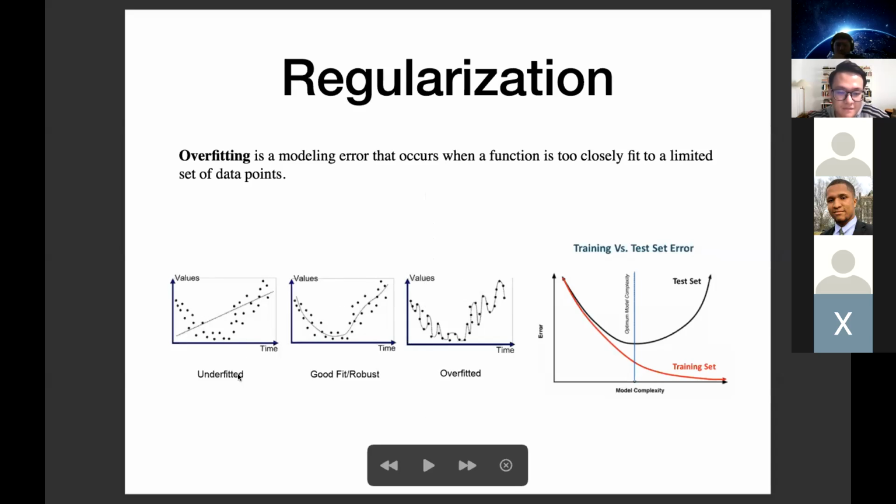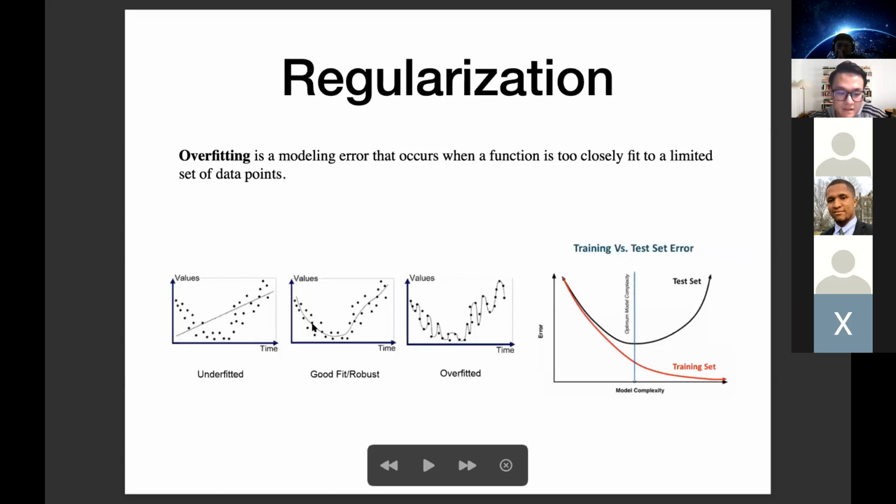So in this figure, on the left, the circle points are training data, and the dotted line is your model. You can see the training data is quadratic, but your model is linear, so it is underfitted.